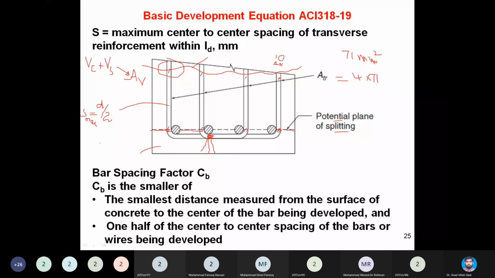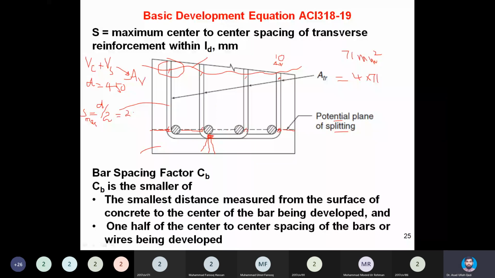of effective depth. So just assume that in this beam, for the sake of calculation, if I assume that this beam has the effective depth 450 millimeter, it means D by 2 will then be 225 millimeter. So this is S, spacing of the tie.